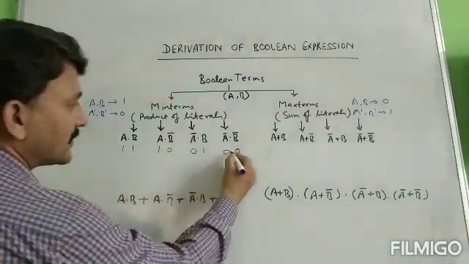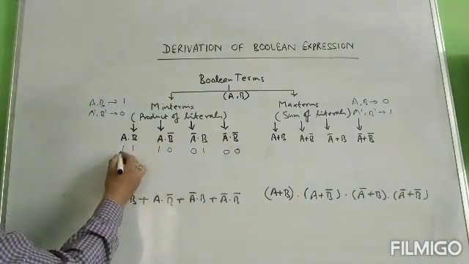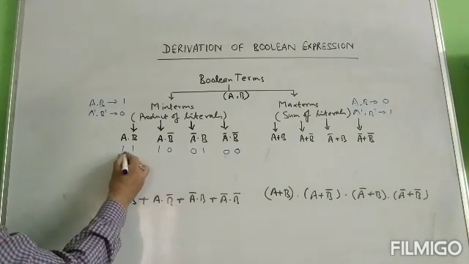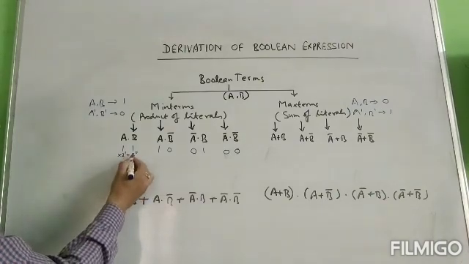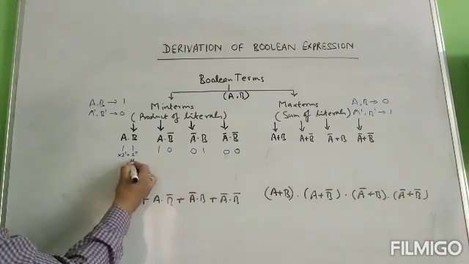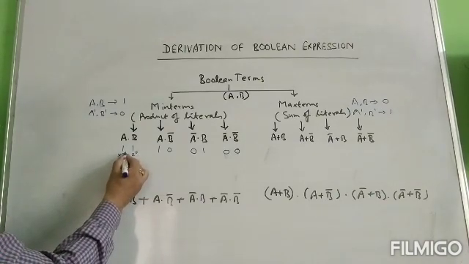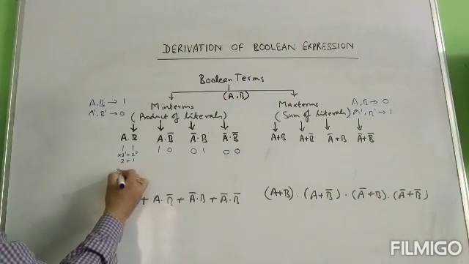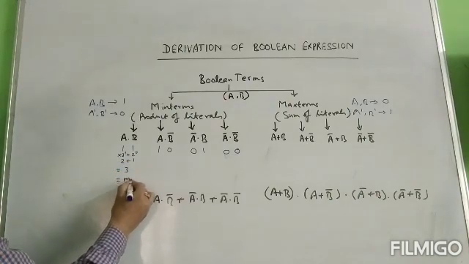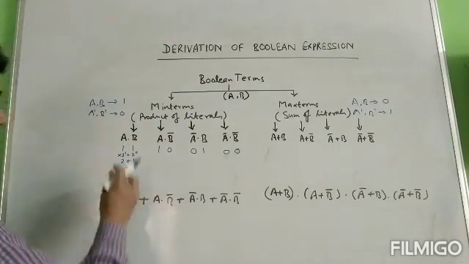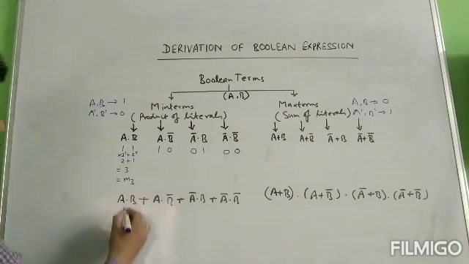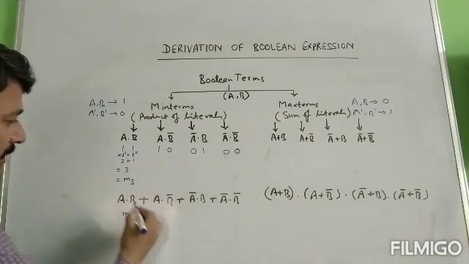So 1 into 2 to the power 1 plus 1 into 2 to the power 0: 2 to the power 0 is 1, and 2 to the power 1 is 2, so the sum is 3. Its designation is 3, or m3. So in place of AB, I can write small m3.